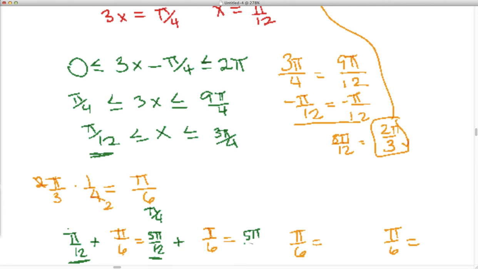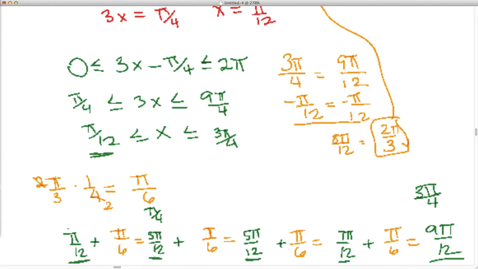No reducing going on there. Plus 2 pi over 12 is going to be 7 pi over 12. Plus, and then 2 pi over 12 is going to be 9 pi over 12. And that should have actually been, what, 3 pi over 4. When we reduce this, indeed, we do get a 3 pi over 4. 3 goes into 9 3 times, and 12 4 times. So those are my main players.